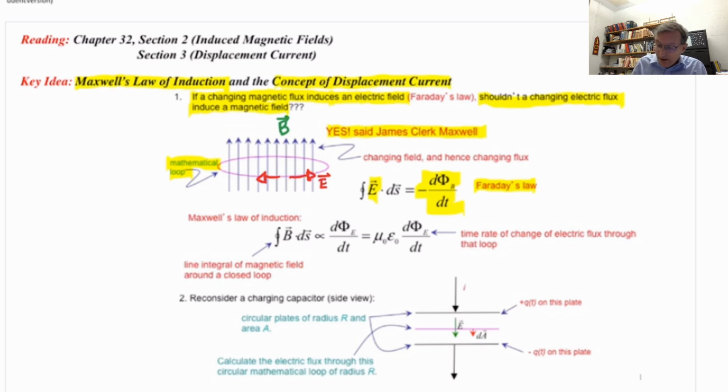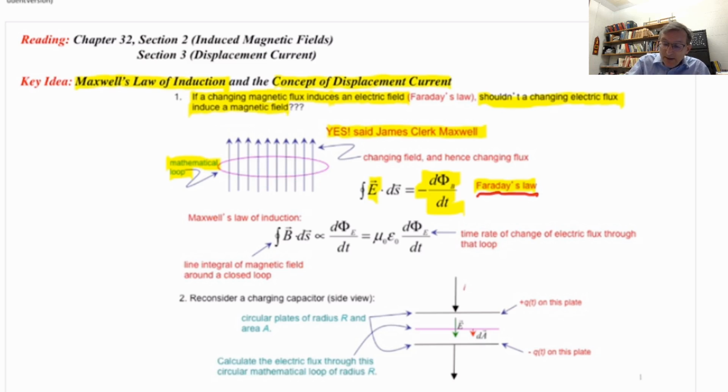And that's what this equation is right here. The integral of E dot ds around the loop, and that E is the induced E, is equal to negative d phi sub B dt. Faraday's law.